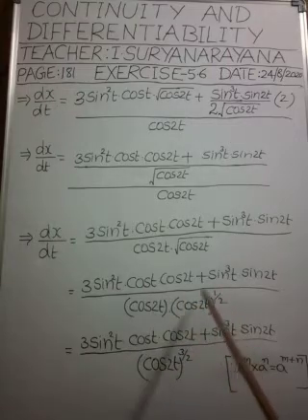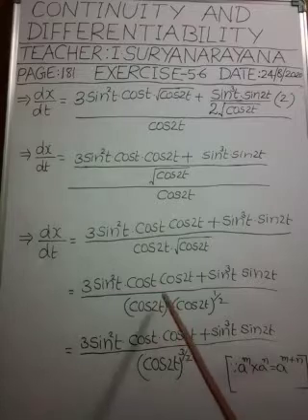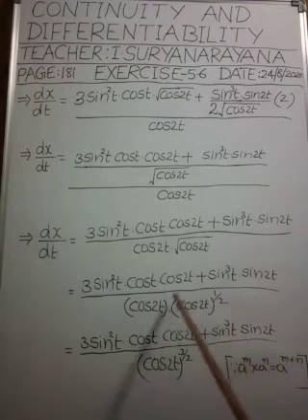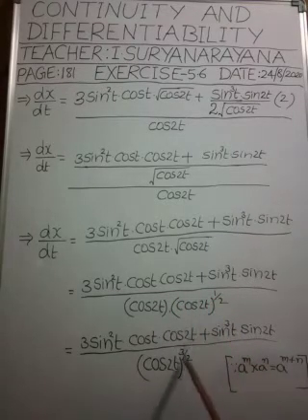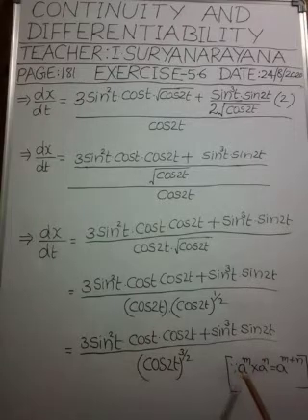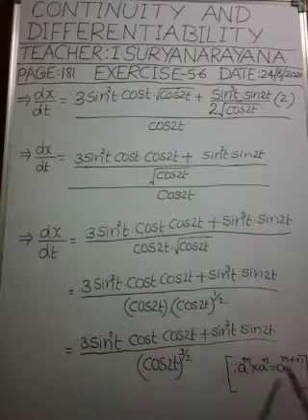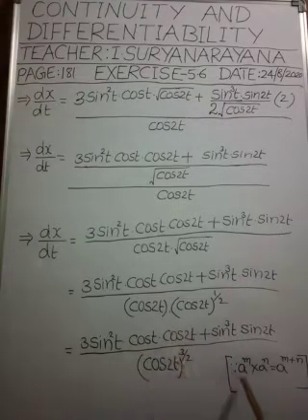We add the exponents. So cos 2t whole power 1 plus 1 by 2. 1 plus 1 by 2, what will you get here? 3 by 2. We used here a power m into a power n is equal to a power m plus n, the law of exponents, in the denominator. Okay, my children? Understood? Right.